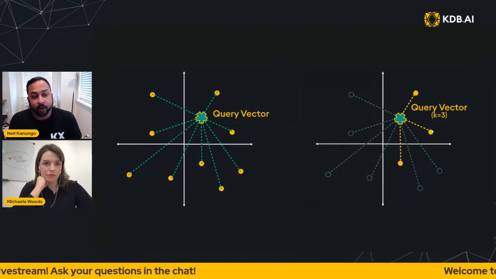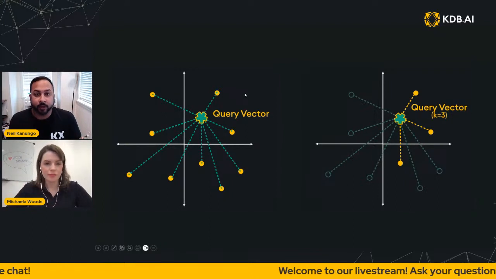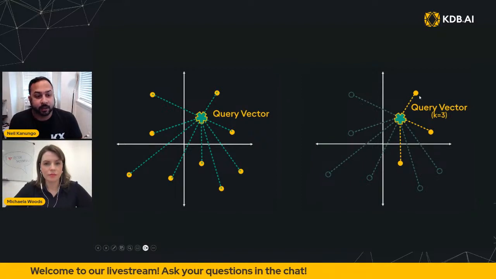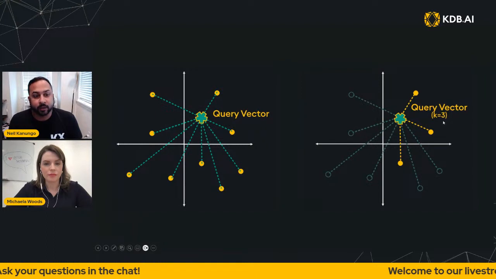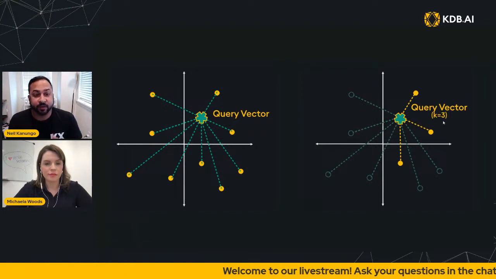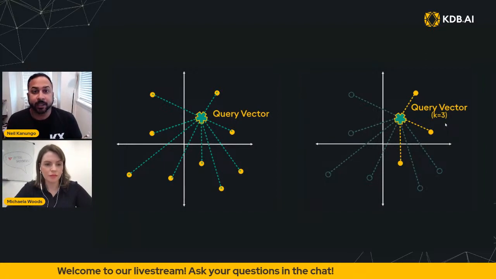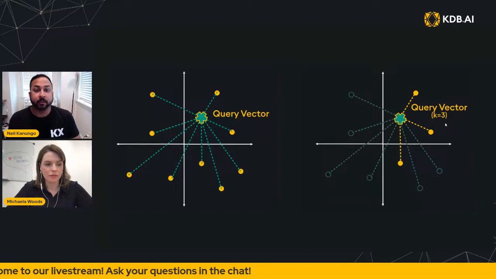So when that query vector lands in vector space, it will be mapped to all the nearby vectors. Depending on the type of search you're using, you can select: do you want the 3 nearest vectors in Euclidean space? Do you want the 3 nearest vectors in cosine similarity? There are different similarity metrics, but essentially you're selecting the nearby vectors.